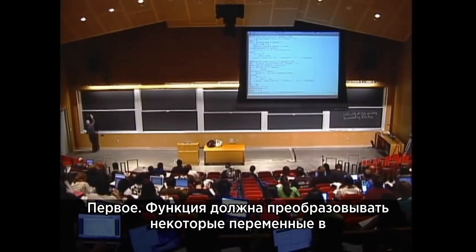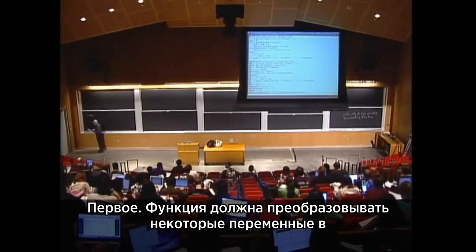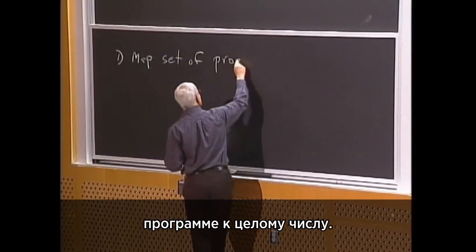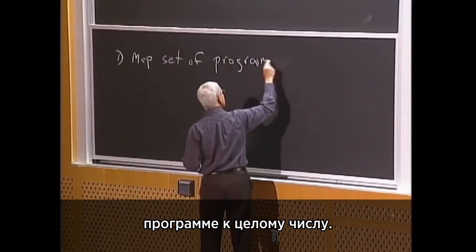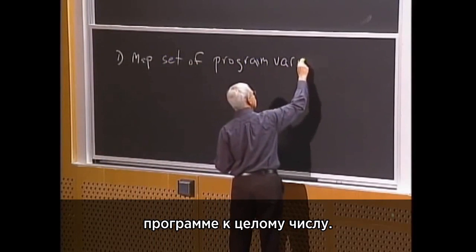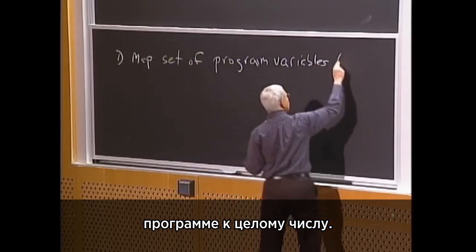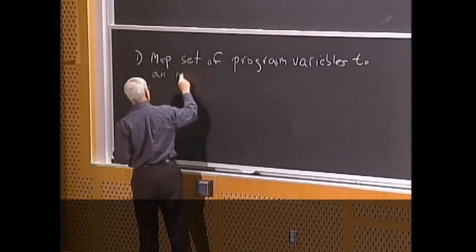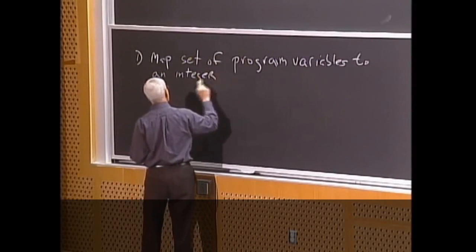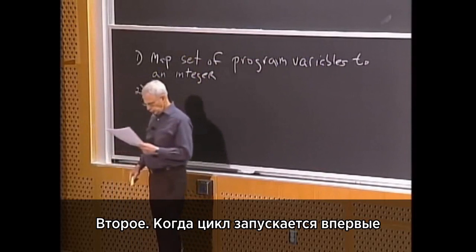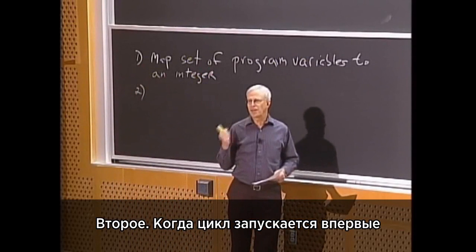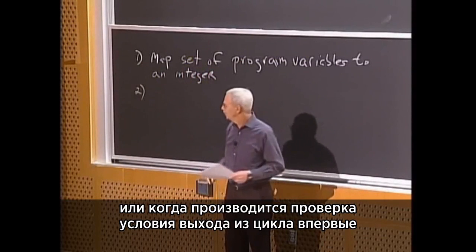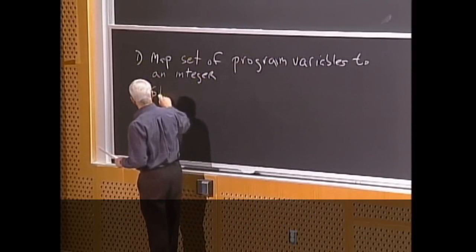One, it will map some set of program variables to an integer. Two, when the loop is entered for the first time, or when I encounter the test of the loop for the first time, its value is non-negative.